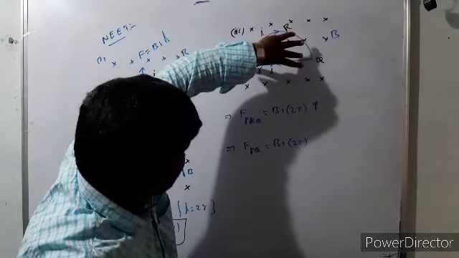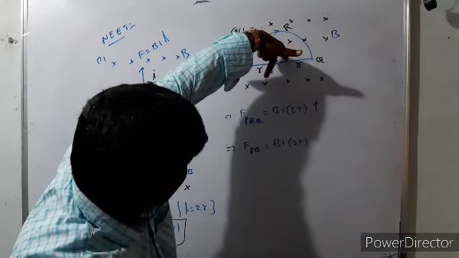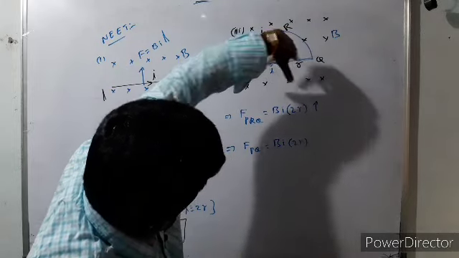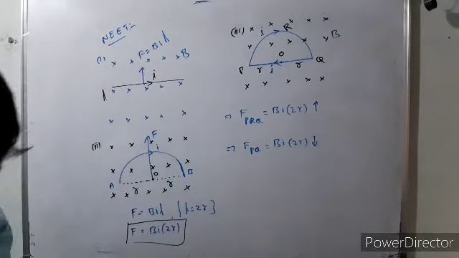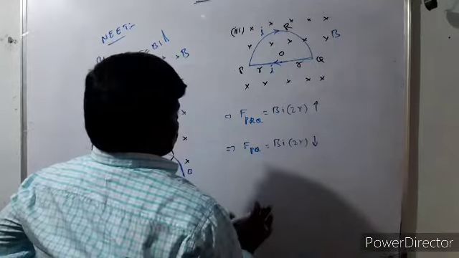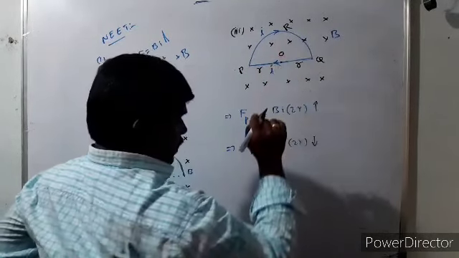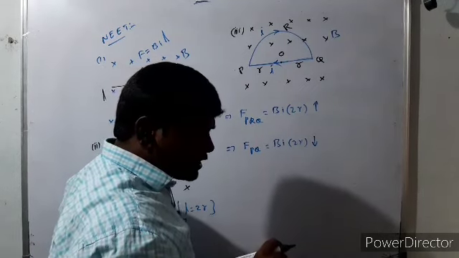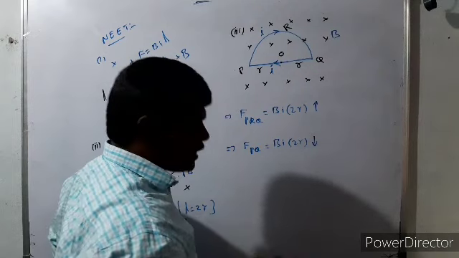Now what is the direction of this force? Considering PQ only, the magnetic field is the same, but the direction of the current is from Q to P, so the force is downwards. Now, in this closed loop there are two forces. One is on PRQ. I have already told you the force on the conductor is independent of the shape and depends only on the perpendicular distance between the P and Q points.